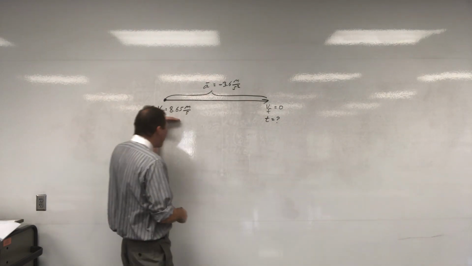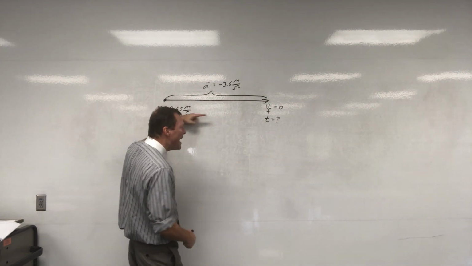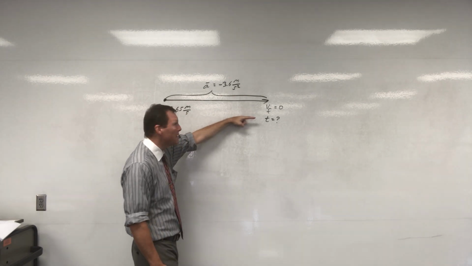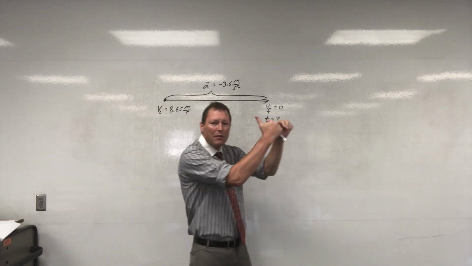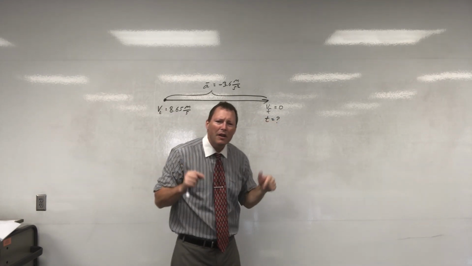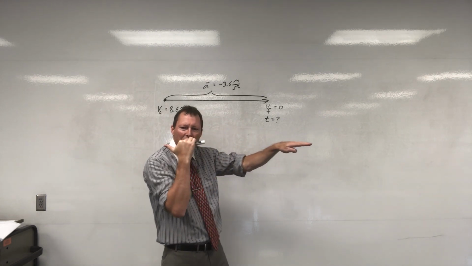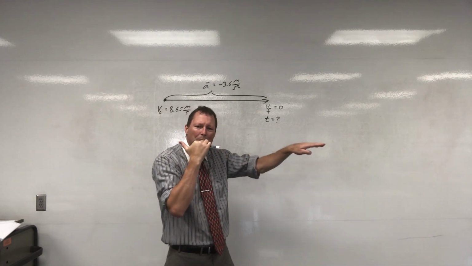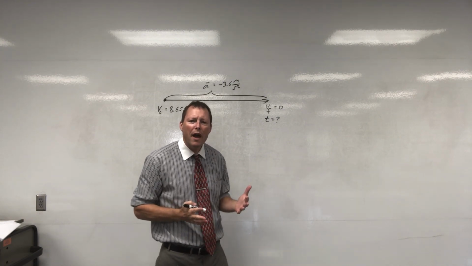Here I've got a positive velocity. My velocity is in the positive direction, in this case to the right. And my acceleration is in the negative direction, to the left. If a car has positive velocity and a negative acceleration, those things are opposite each other. That's going to cause the object to slow down.